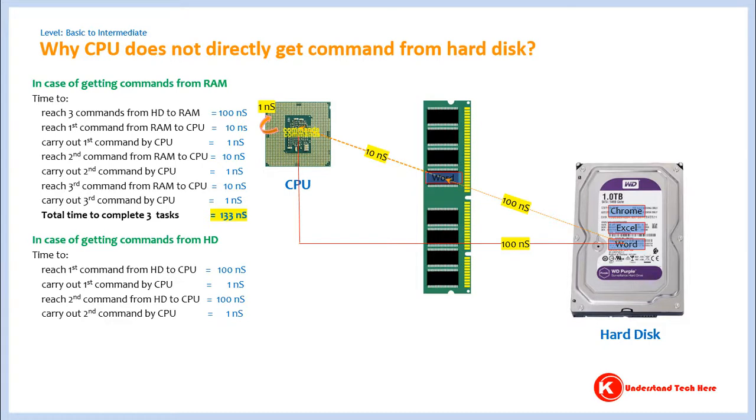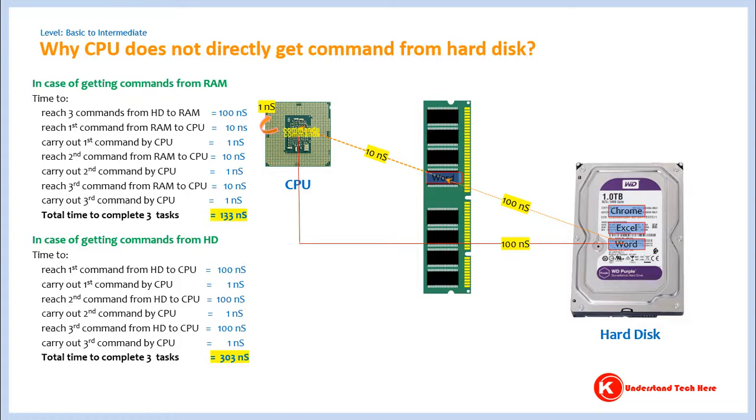Time to carry out the second command by CPU, 1 nanosecond. Time to reach the third command from hard disk to CPU, 100 nanoseconds, and time to carry out the third command by CPU, 1 nanosecond. So, total time to complete 3 tasks, 303 nanoseconds.